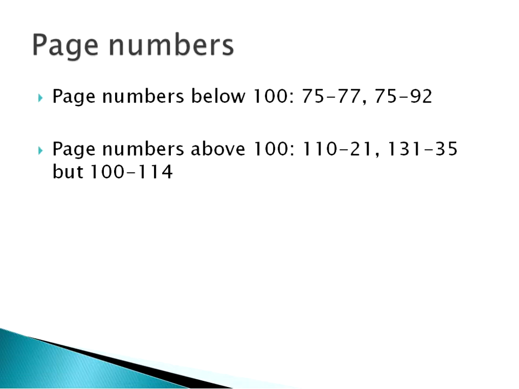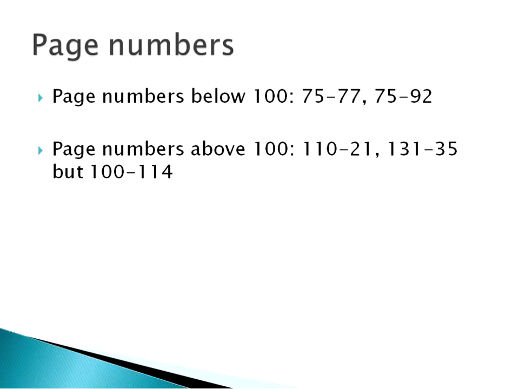Page numbers above 100 will appear in an abbreviated form, where you might drop the first number in your second reference. So this is page numbers 110 to 121. But because the number is the same, I just drop it and write 110-21.